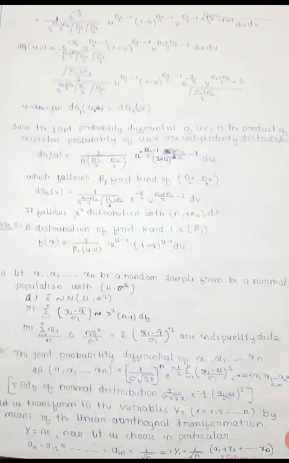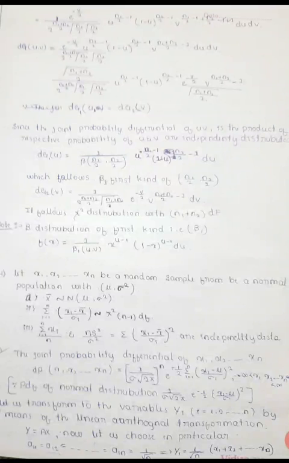That equals, by the transformation, gamma of (n1 plus n2) upon 2 into 2 raised to (n1 plus n2) upon 2, gamma of n1 by 2, gamma of n2 by 2, u raised to n1 upon 2 minus 1, (1 minus u) raised to n2 upon 2 minus 1, into e raised to minus v by 2, into phi raised to (n1 plus n2) upon 2 minus 1, divided by gamma of (n1 plus n2) upon 2. Gamma of (n1 plus n2) upon 2, both are cancelled.